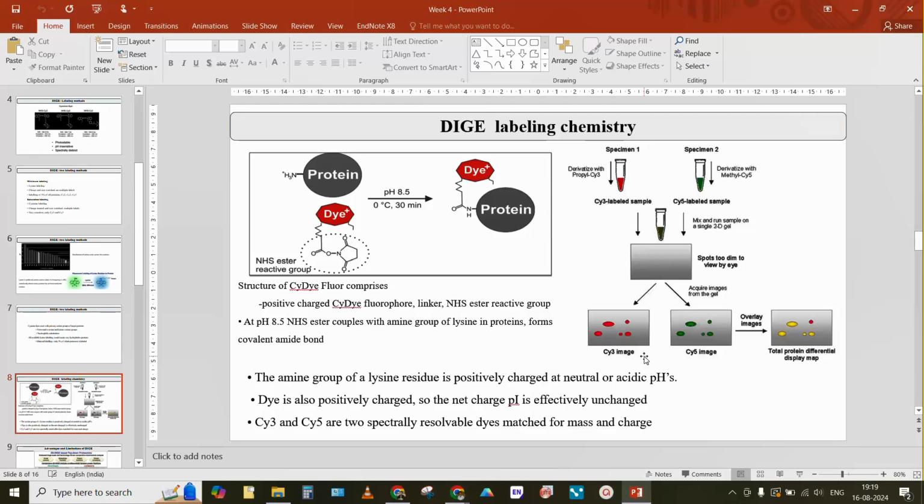The amino group of the lysine residue is positively charged at neutral or acidic isoelectric points. The dye is also positively charged, so the net pI will be unchanged. Therefore Cy3 and Cy5 are not going to alter the mass as well as the charge overall, and they are very well spectrally resolved. So people prefer doing lysine labeling.